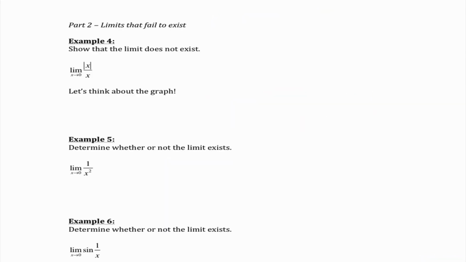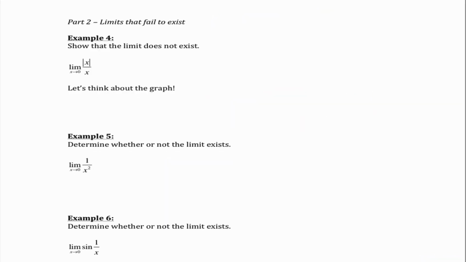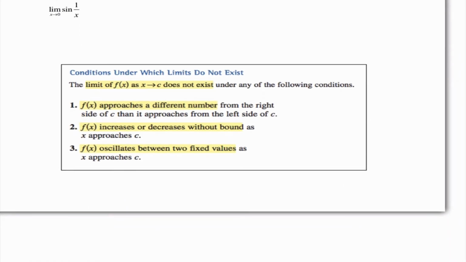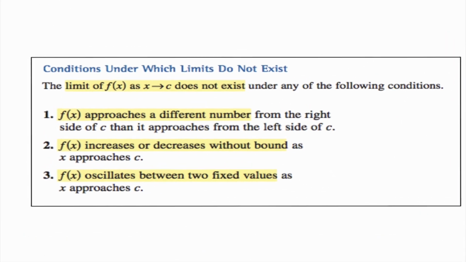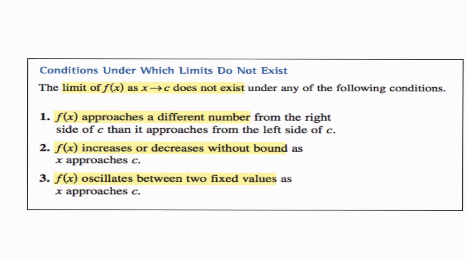So now let's look at some limits that fail to exist. Before we go through specific examples, I want to show us some important reasons why limits do not exist. So it says the limit of f of x as x approaches c does not exist under the following conditions.